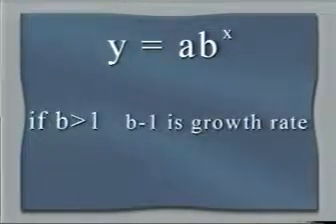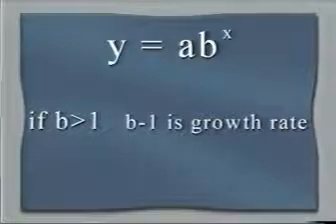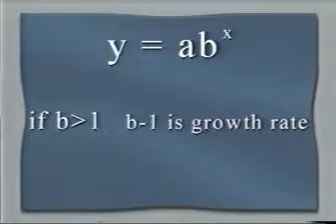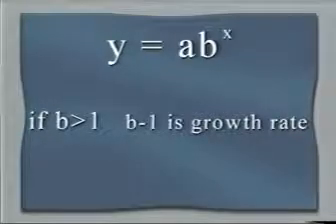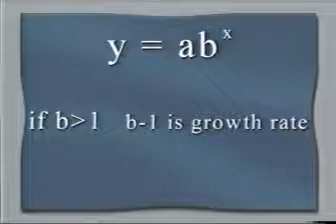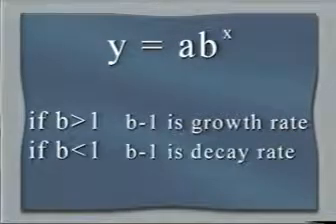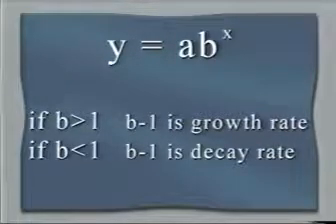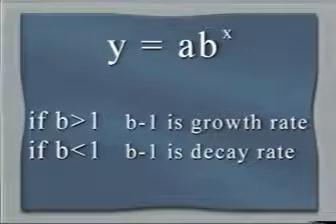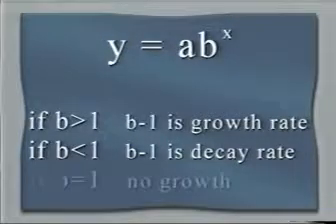Notice that if b is greater than 1, b minus 1 is the growth rate. So if b was 1.08, that would give us a growth rate of 8%. If b was 1.2, that would give us a growth rate of 20%. If b is less than 1, then b minus 1 is a negative number, and that would be the decay rate. What happens if b is 1?